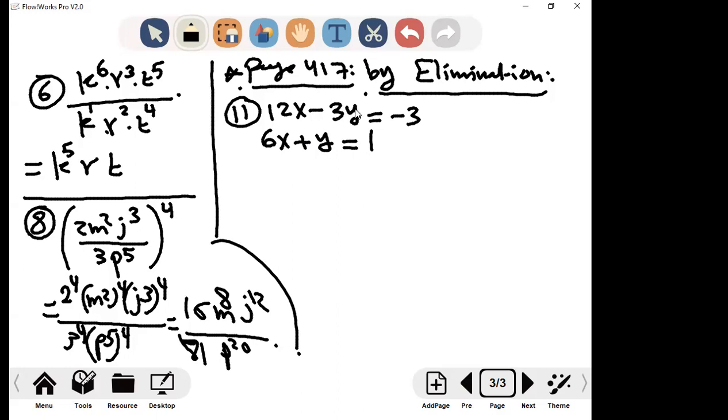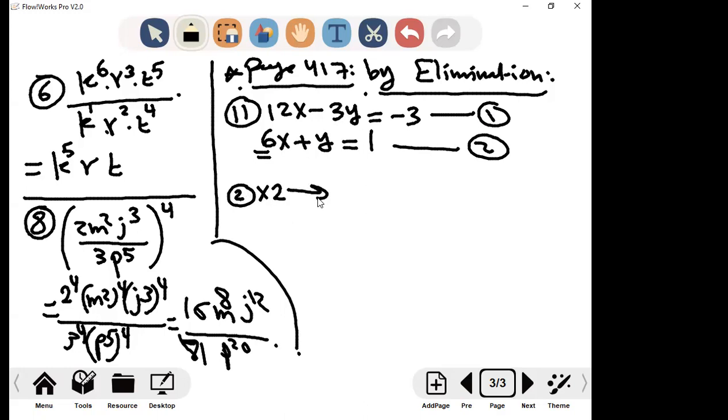Also same. So you choose. Sometimes you have many choices to solve the system. So let's eliminate x. This is 1 and this is 2. Equation 2, I'll multiply the 6 by 2 to be 12x, right? Do you understand? Yeah.